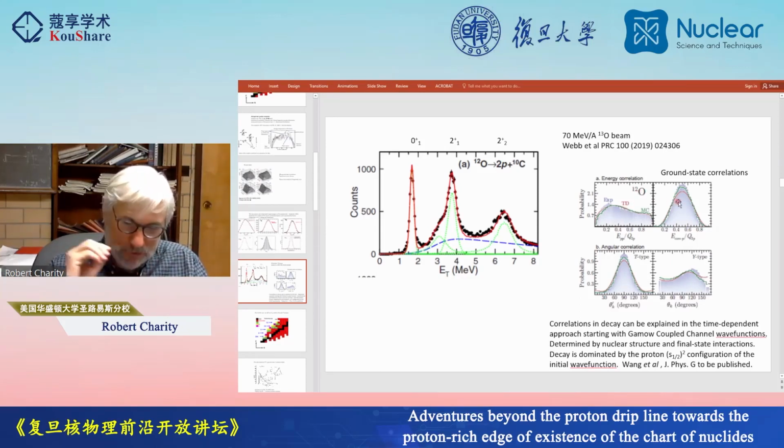That meant the state was emitting two s-wave protons. So the two protons were not taking away any spin, and it decays to the beryllium ground state. That meant the state we're looking at was a 0+, this excited 0+ state. So we were using these correlations to tell us about the structure of nuclei, and I think that can be done in other cases as well.